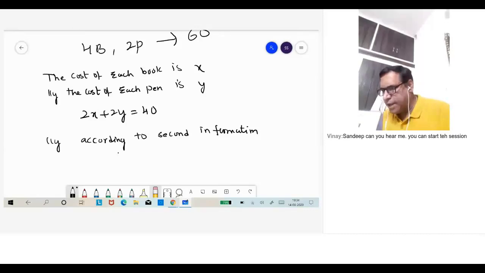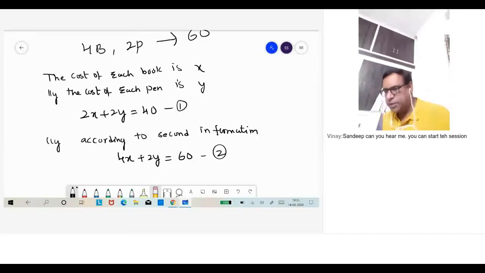Each book costs X rupees, so 4 books will cost 4X rupees. Similarly, 2 pens. Each pen costs Y rupees, so 2 pens cost 2Y rupees. So the total amount spent is 60. So this is another equation. Here, this is your first equation, a linear equation in 2 variables. This is your second equation based on the information provided.